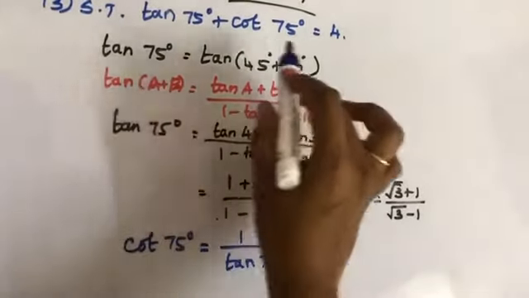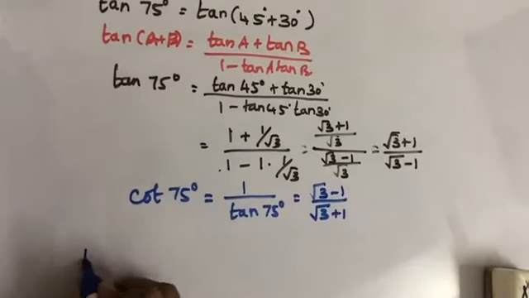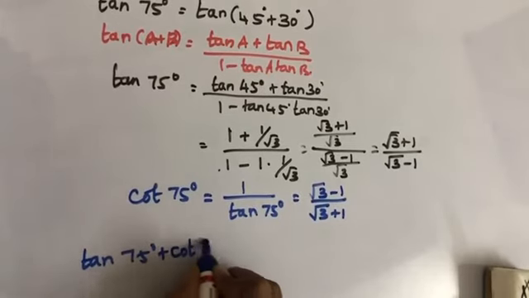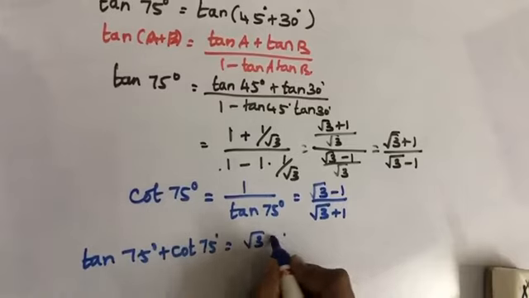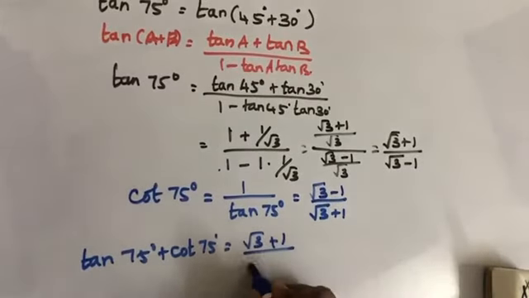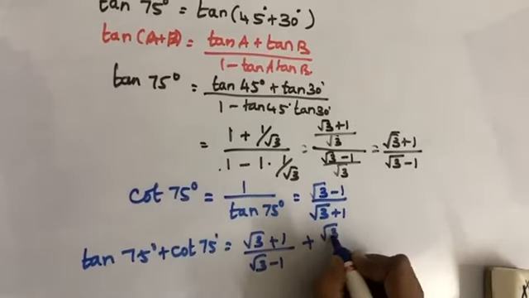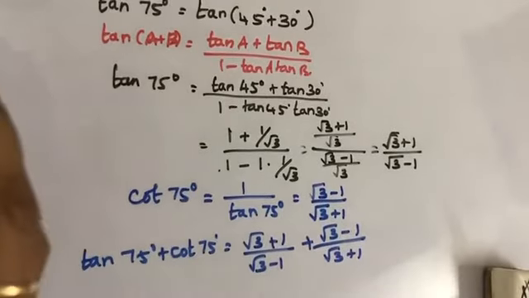We have to add these two. So tan 75 plus cot 75 degree is equal to root 3 plus 1 by root 3 minus 1 plus root 3 minus 1 divided by root 3 plus 1.